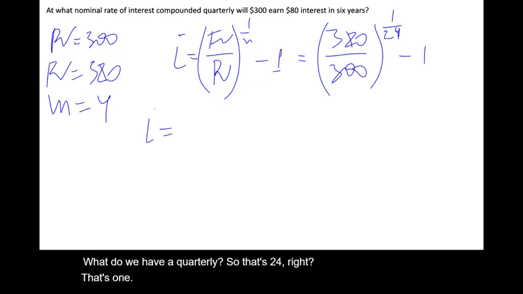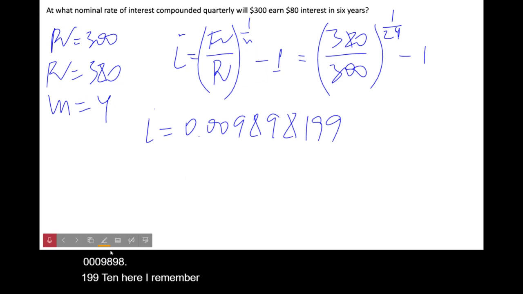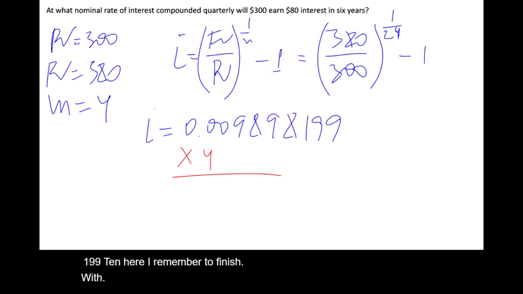So I is, let me calculate, 380 over 300 exponent 1 over 24 minus 1, 0.009898, and here I remember to finish with times 4, 0.039592795.